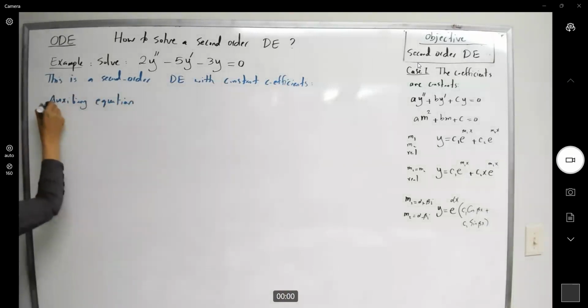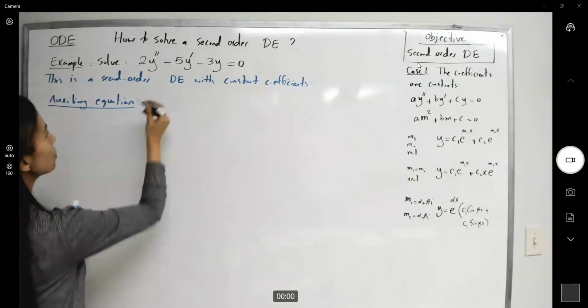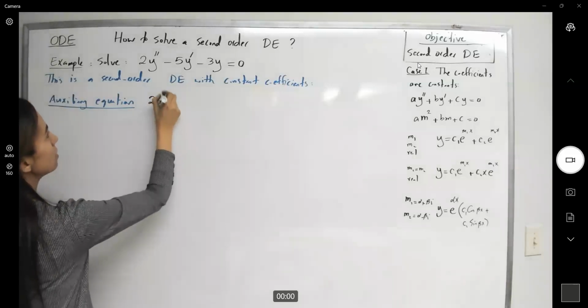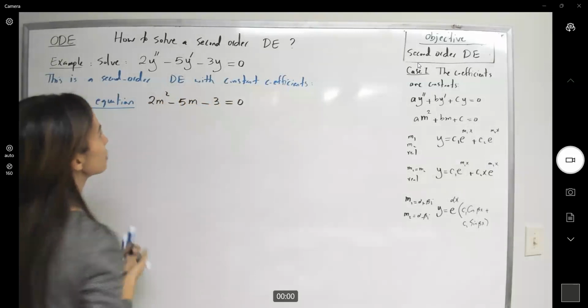The auxiliary equation becomes 2m² - 5m - 3 = 0.